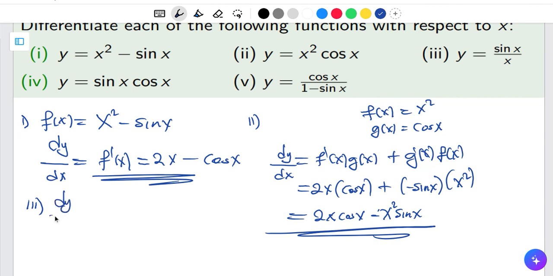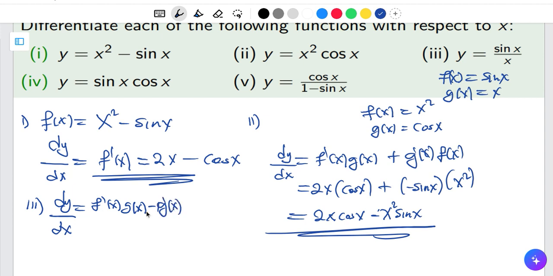If we label the function on top as f, which is sine x, then the one on the bottom as g, which is x, meaning to say we need to find the derivative of f multiplied by the g function, then minus the derivative of g multiplied by f, then divided by the function g, now squared. So this is the formula that you need to know when you are finding the derivative.